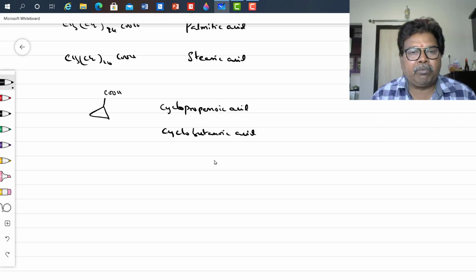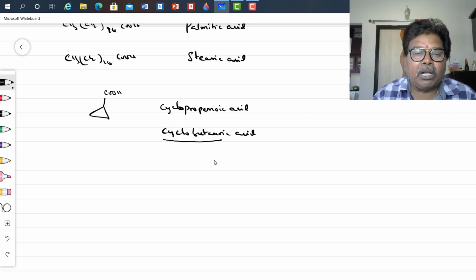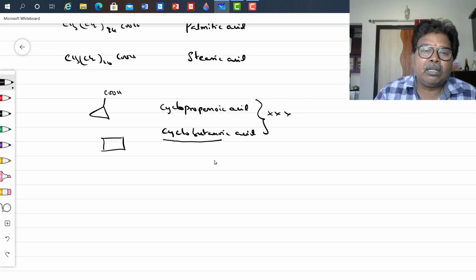If 4 carbon atoms are there in the compound, it would be butanoic acid. But cyclobutanoic acid would mean it is not a derivative of cyclobutane. So both the names are wrong.